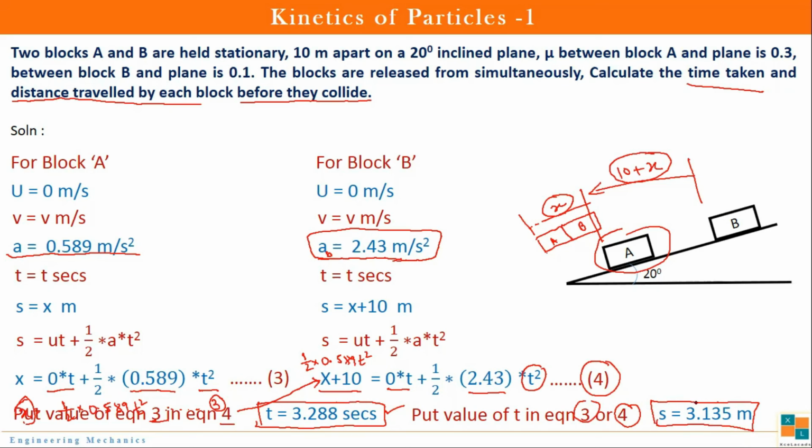Now what does this answer mean? This means that block A and B will collide at a distance of 3.135 meters from this particular point. Okay, so with this we have completed the problem, and also found what was asked in the question. Thank you.